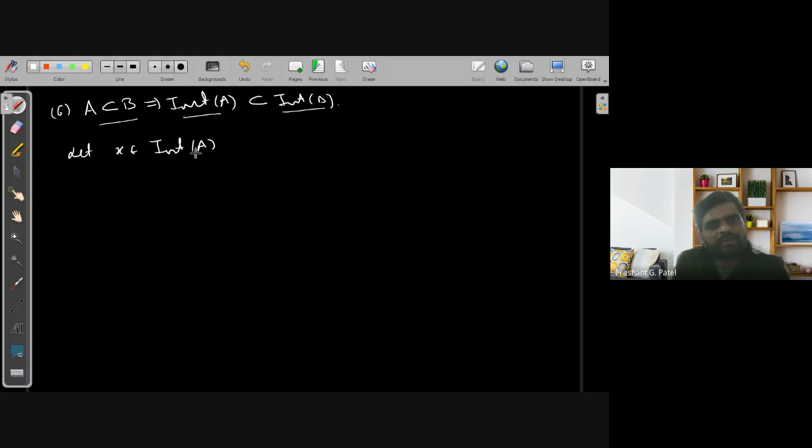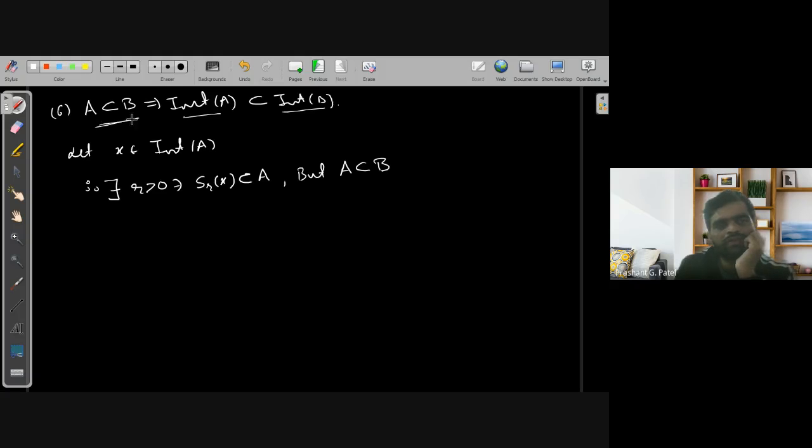Since x is in interior of A, we can say that there exists r greater than 0 such that S_r(x) will be a subset of A. But A is a subset of B, which is given to us.